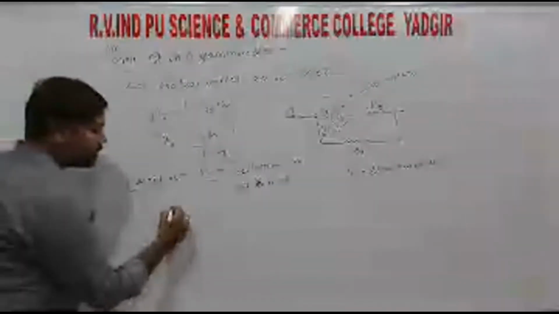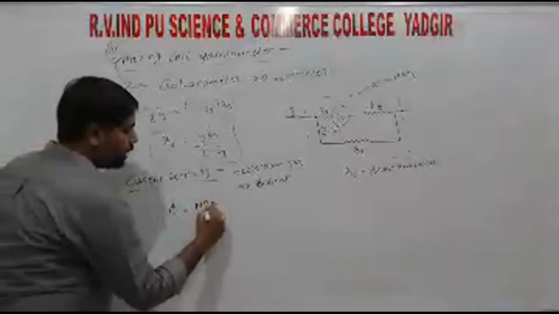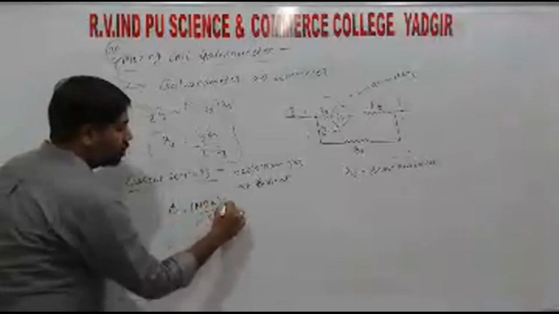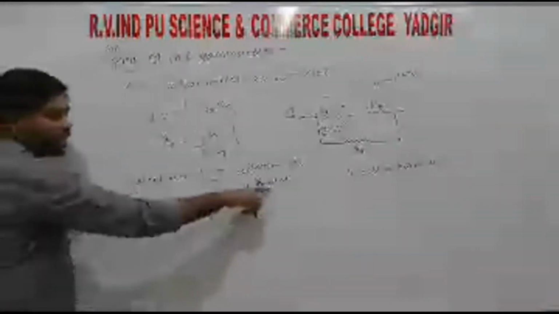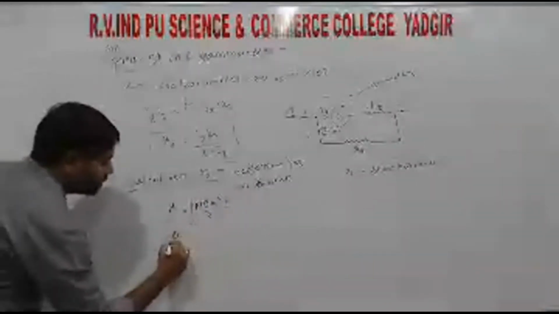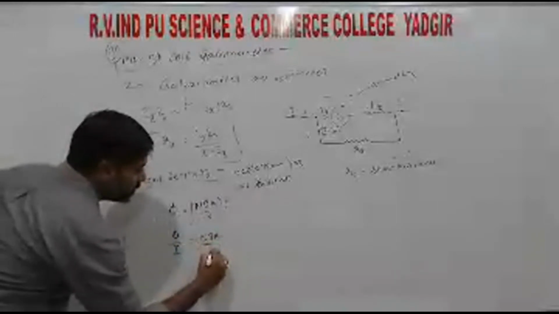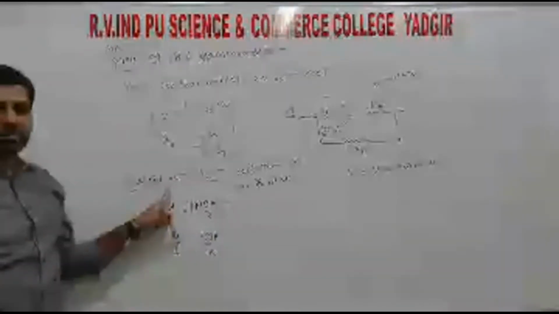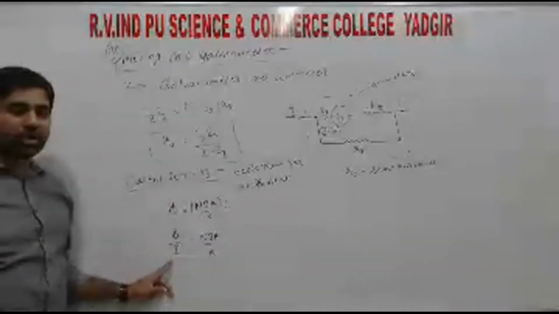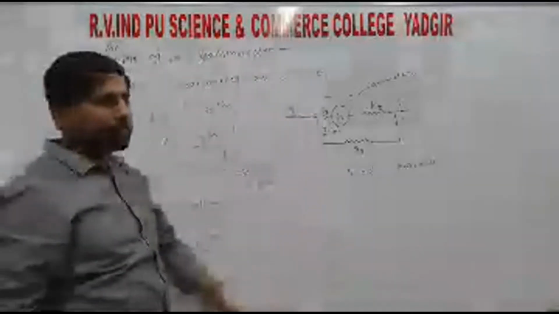The last relation, moving coil galvanometer: phi equals NBA by K into I. So the deflection is phi and the current is I, so phi divided by I equals NBA by K. This ratio we call current sensitivity, right?